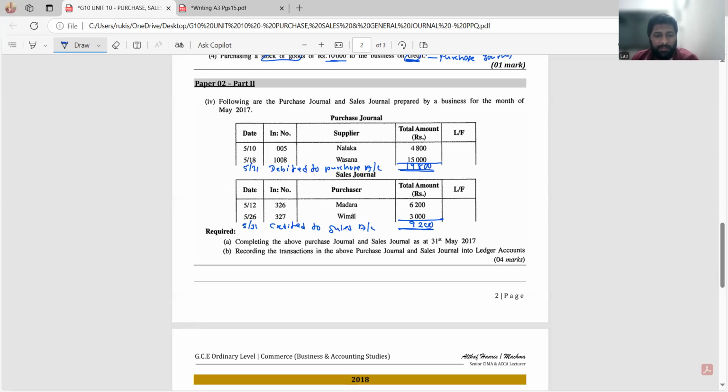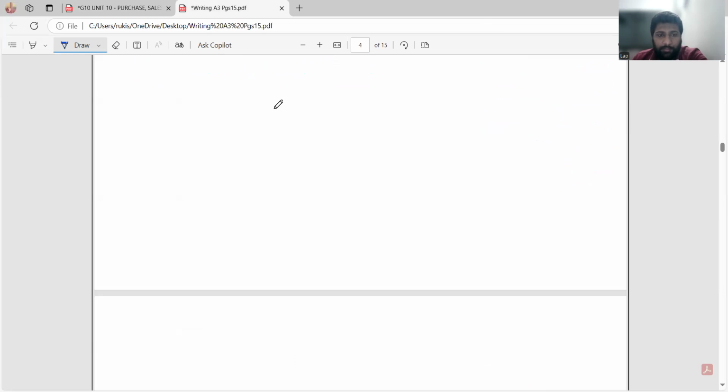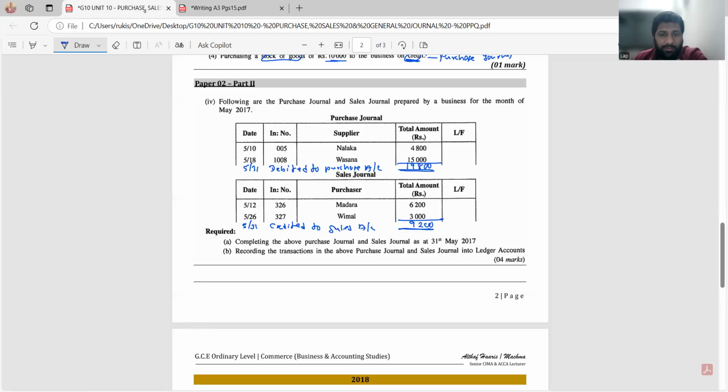Recording the transaction in the above purchase journal and sales journal into the ledger. They are asking us to prepare the ledger. So first one, we need a purchase account.